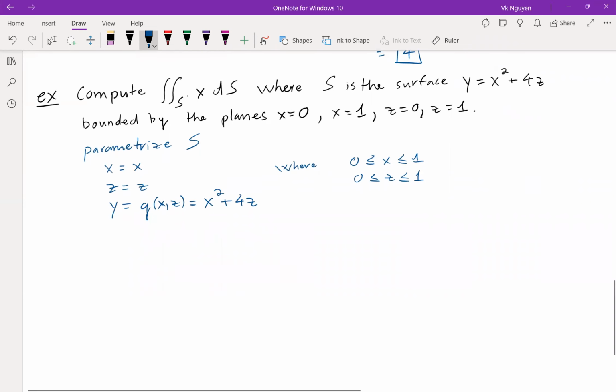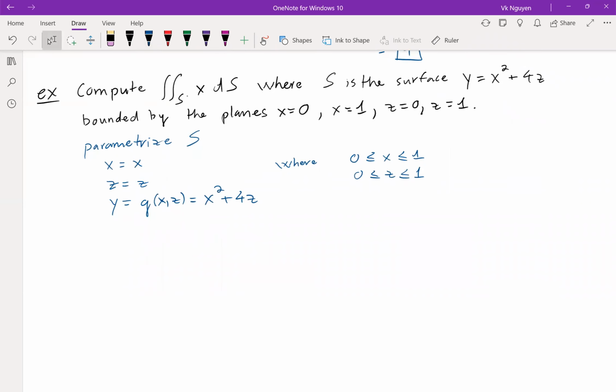Okay. The next step is that you've got to twist that formula a little bit. I'm going to do the integral of x dS, right?